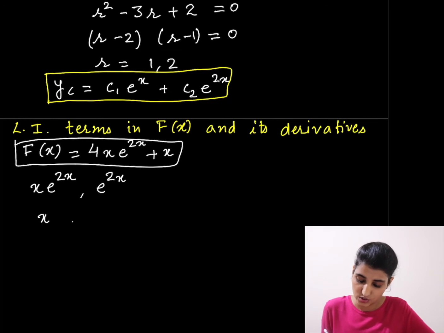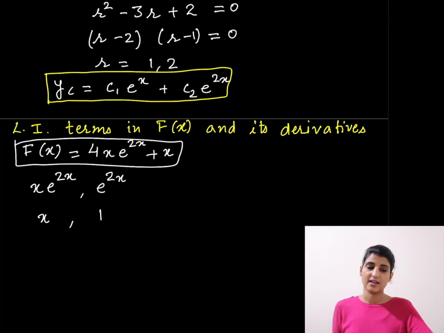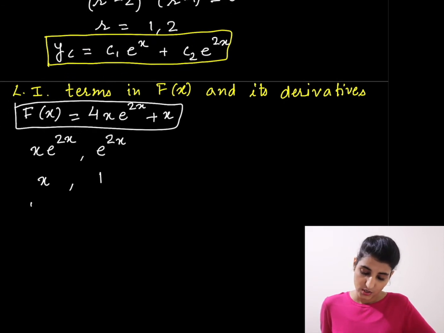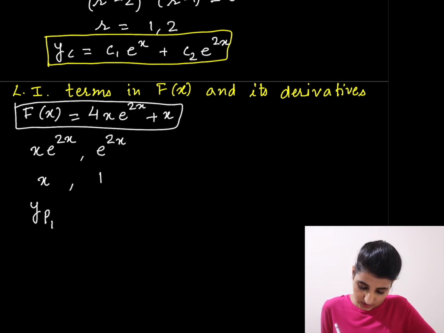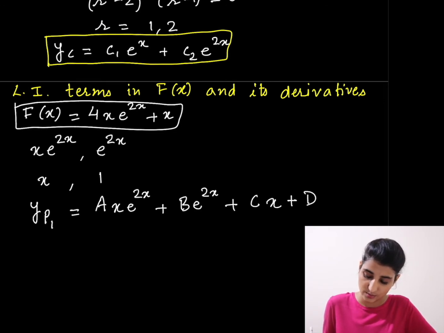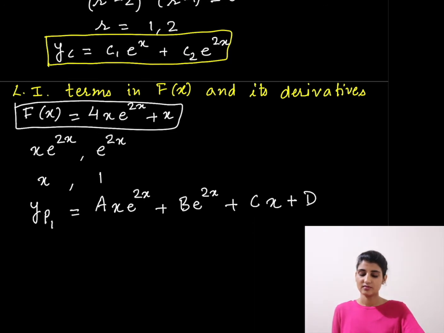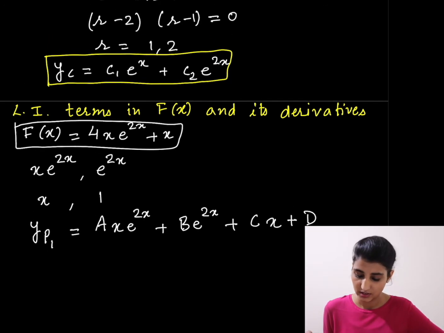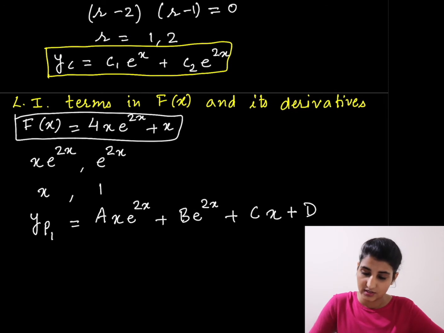These two are the linearly independent terms corresponding to this. For the second, we have x and 1. So our first guess for yp is a x e power 2x plus b e power 2x plus c times x plus d. This is our yp1. But wait, there is a catch.